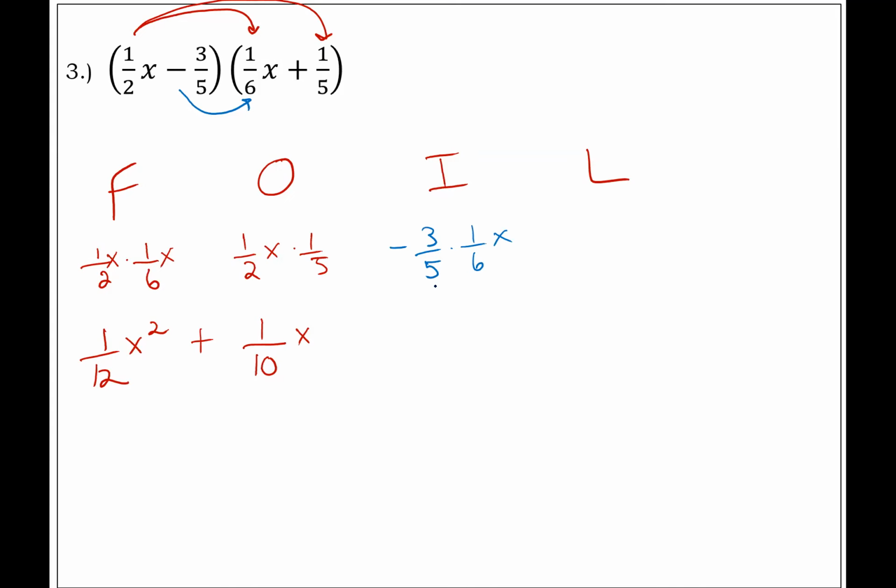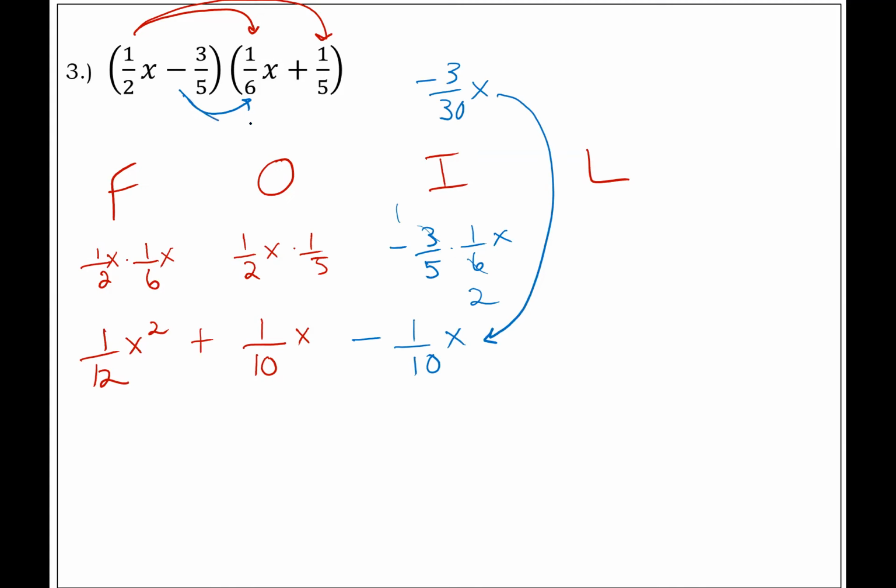If you have 3 over 30, you'll be able to reduce by 3 and get 1/10. I can just reduce now though. So the 3 and the 6, I can sort of cross cancel here and divide them both by 3. Now when I multiply across, it's minus 1/10 x. Otherwise it would have been minus 3/30, which would then have to still be reduced. So I chose to reduce first rather than later.